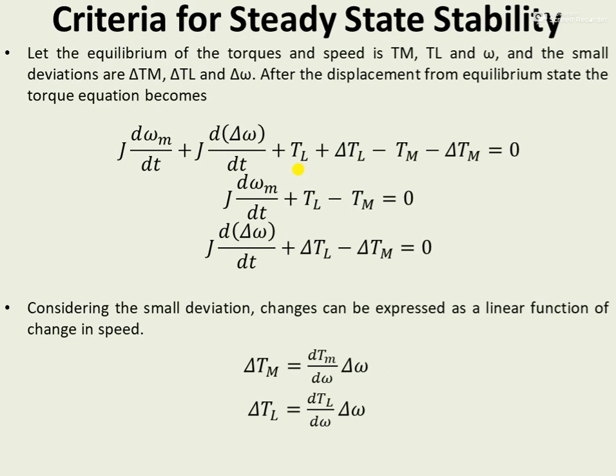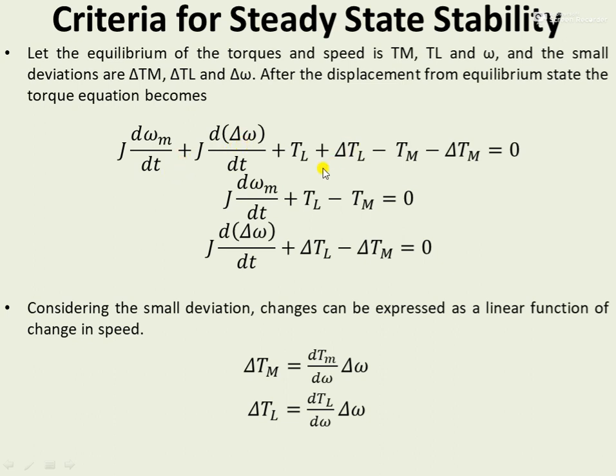That same relation can be written as TL minus Tm plus J into d omega m by dt is equal to 0. Now considering the effect of disturbance also, due to the effect of disturbance, the new value of load torque will be TL plus delta TL, and the new value of motor torque will be Tm plus delta Tm, and the new speed is omega m plus delta omega.